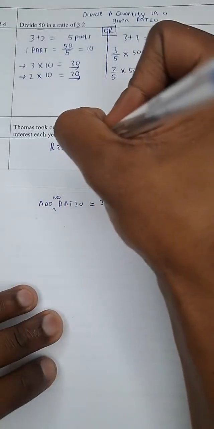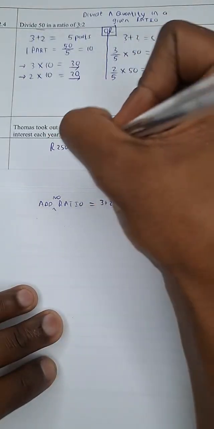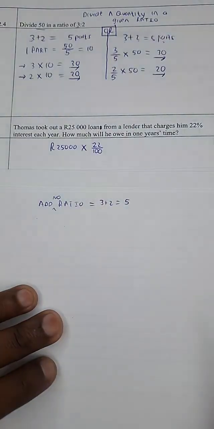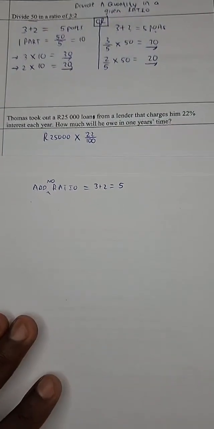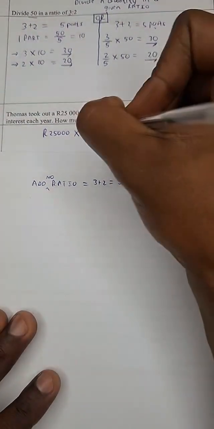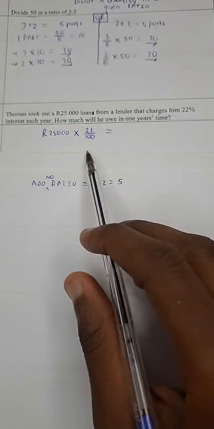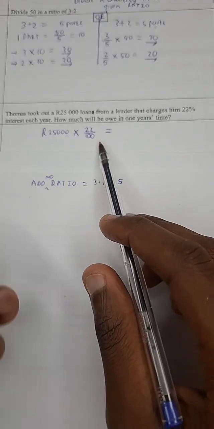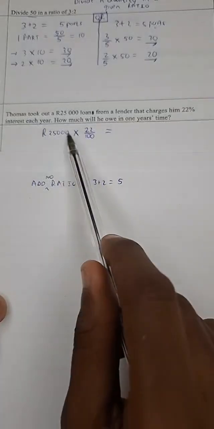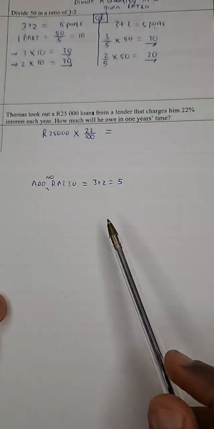Someone is saying you must take the 25,000 rand, you multiply by 22%, but you express 22% as 22 over 100. And then from there you will find out the percentage that is 22% of the 25,000.